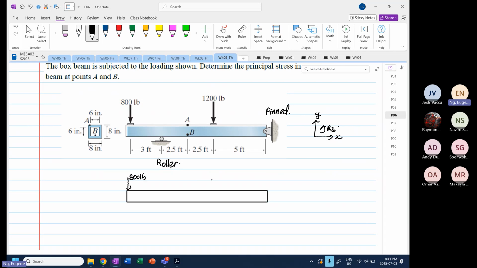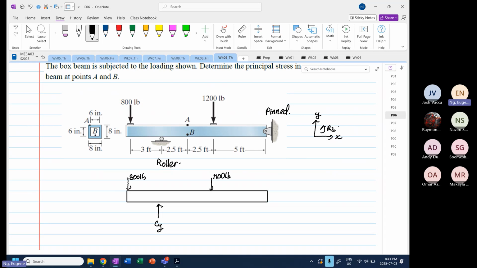And we know that we have 1,200 pounds. Okay. I'm going to have a force down here. And I'm going to call this CY.